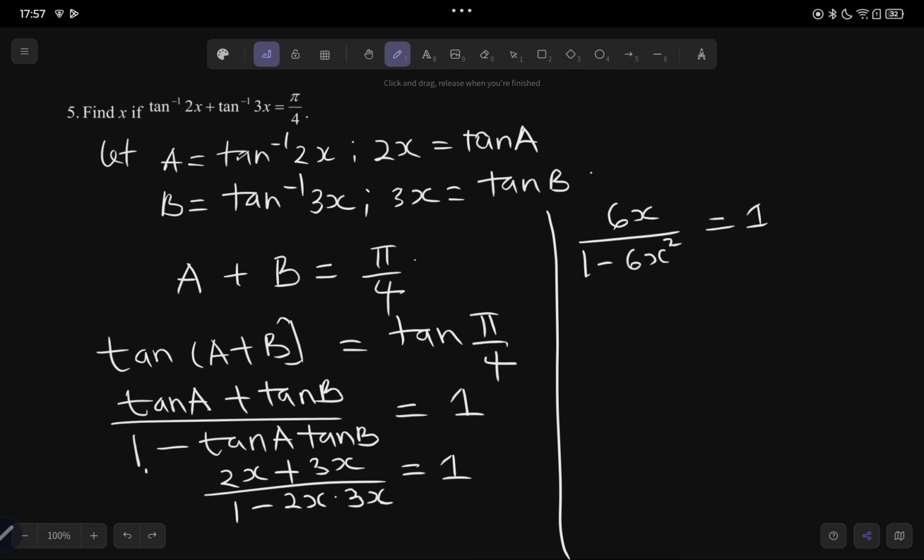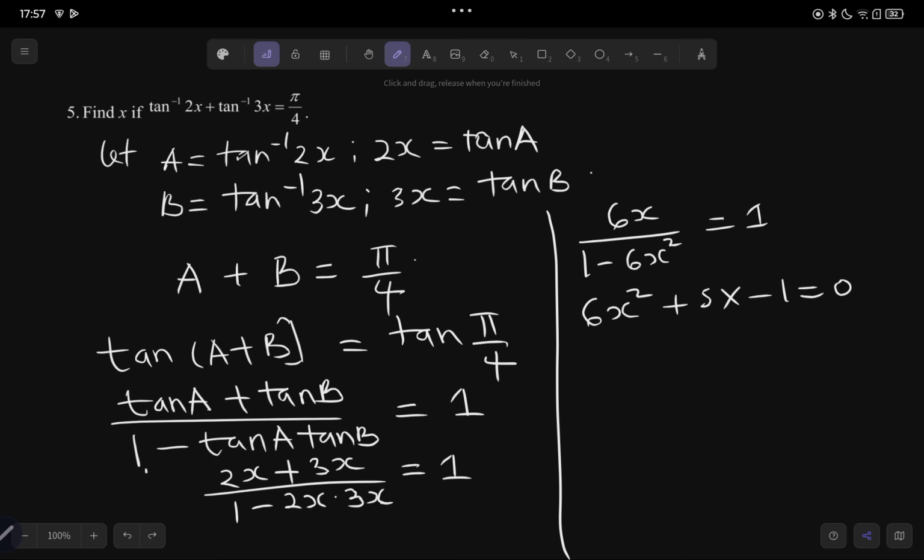Now we solve that equation and we end up with 6x squared plus 5x. Please do this. Make sure that you see where it has come from. You can pause the video and put in the missing steps to reach here.